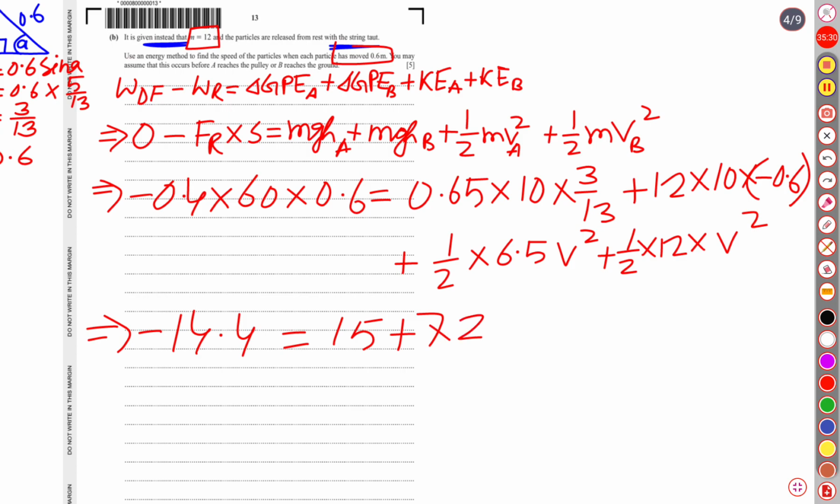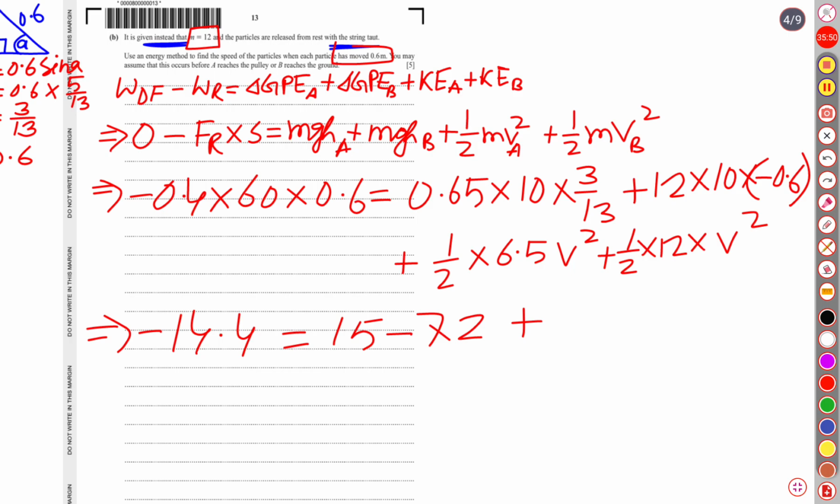Then plus, but it should not be addition, it is going to be subtraction. Let us use the subtraction symbol because the height was negative, so it is negative 72 plus here 6.5 and 12, it is 18.5.